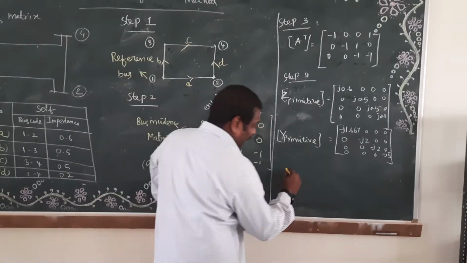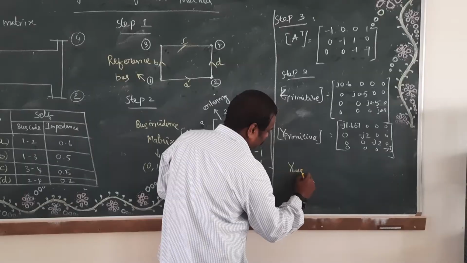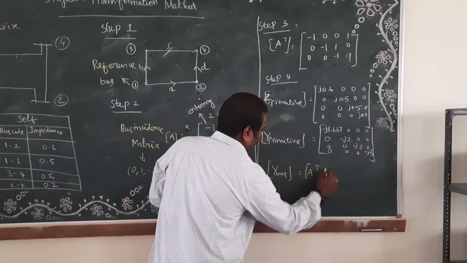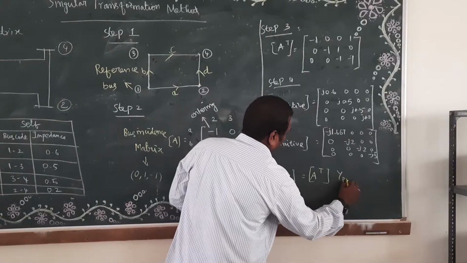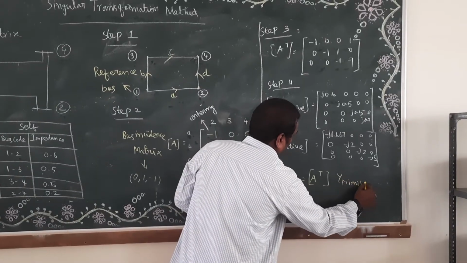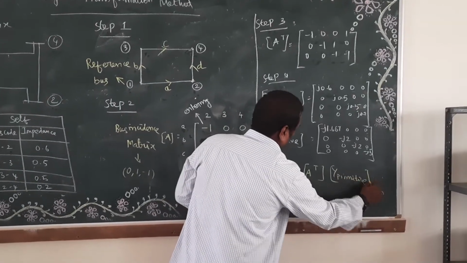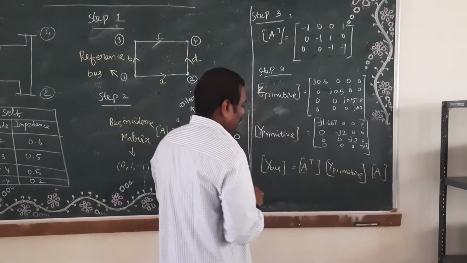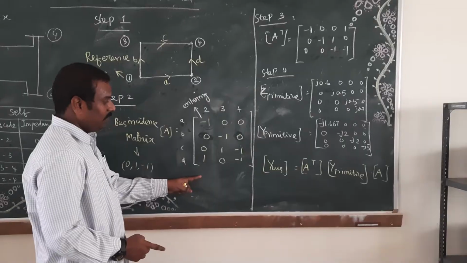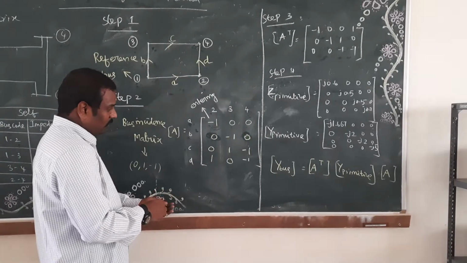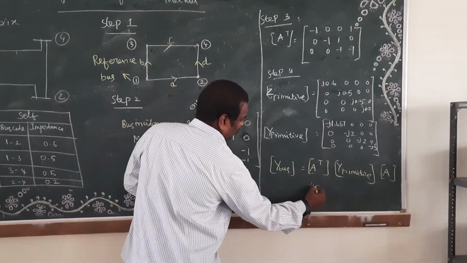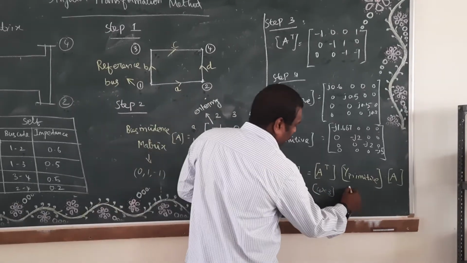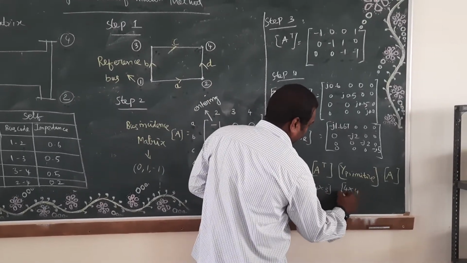So now we know all the values. Now the final matrix Y bus is equal to A transpose multiplied by Y primitive multiplied by the A matrix. A transpose is available here, right? This will be a 3 cross 4 matrix. Y primitive is available here. It is a 4 cross 4 matrix.